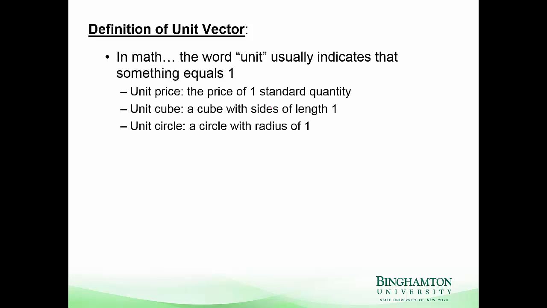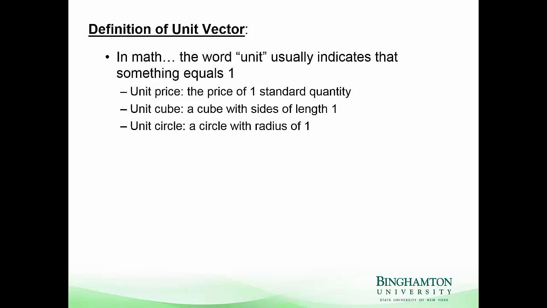Sometimes we will refer to something called a unit vector. In mathematics, we use the word unit to convey something about one. In economics, you know about the unit price, the price of one standard quantity. If you go to buy soda, you might see a unit price for the standard quantity, which might be ounce, so the price per ounce.